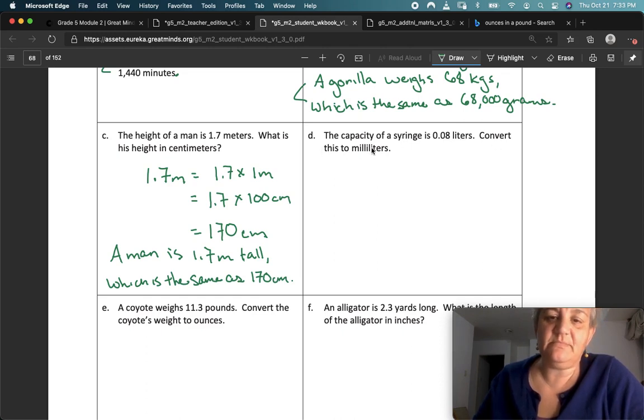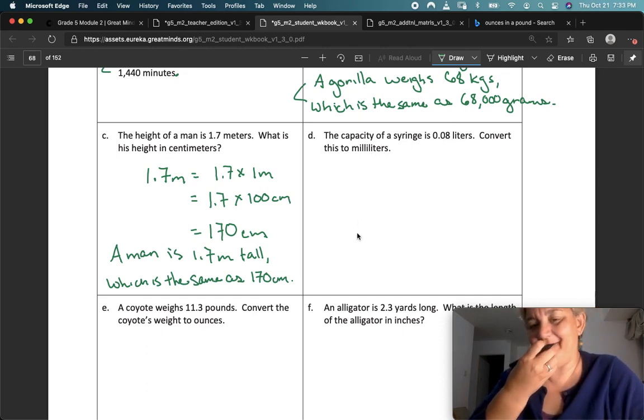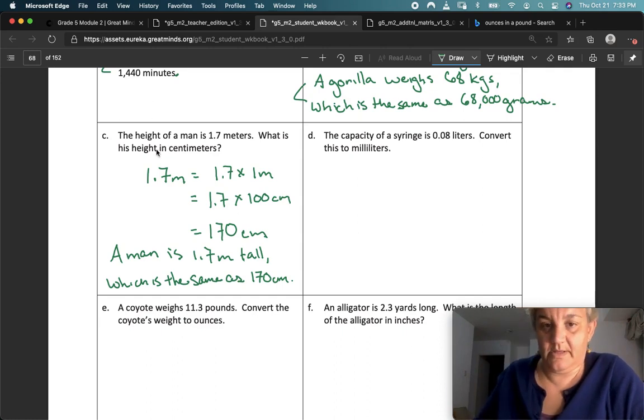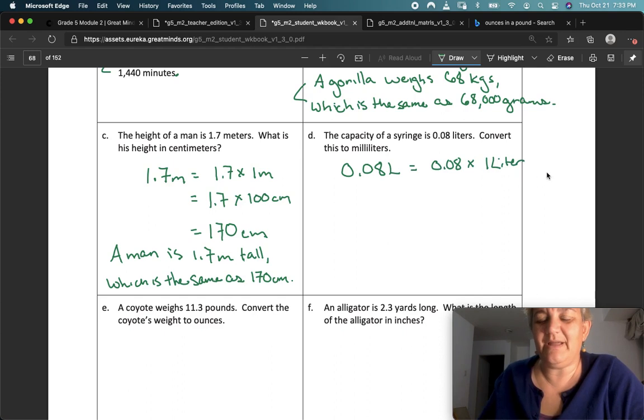Okay. The capacity of a syringe is 8/100ths of a liter. Convert this to milliliters. Okay. Well, 0.08 liters equals 0.08 times 1 liter. Okay? Now that 1 liter might confuse you because this number is smaller than 1, but don't let it, because all we're doing is separating the unit, right?